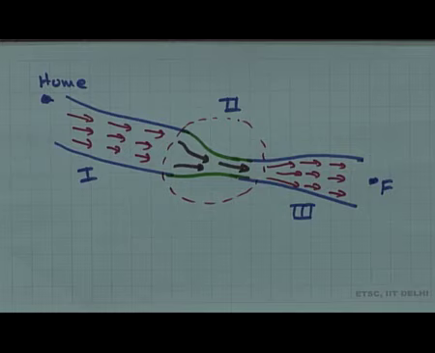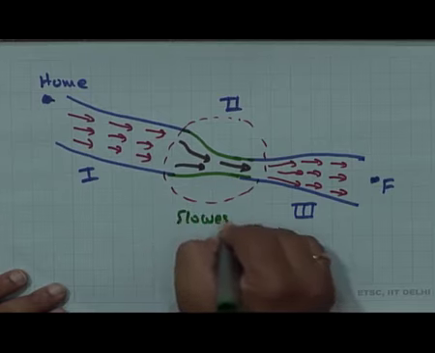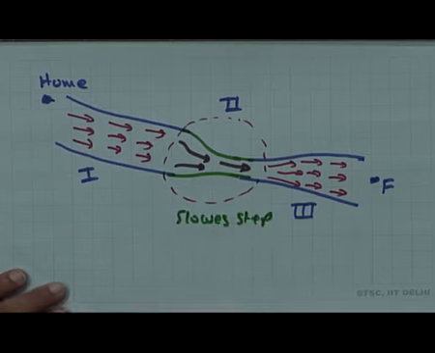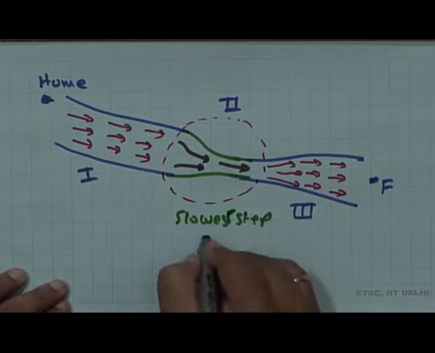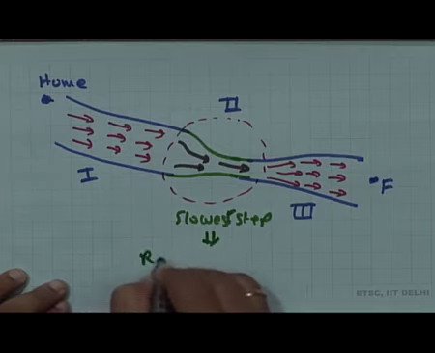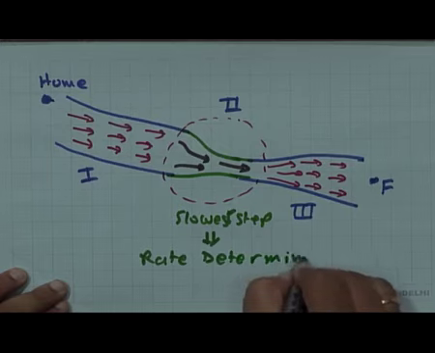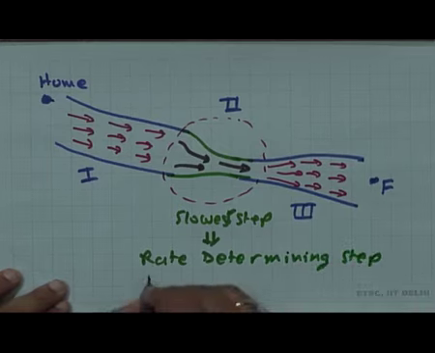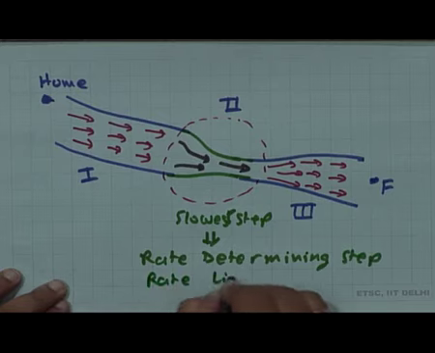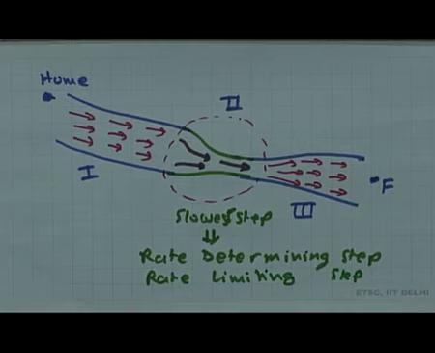So we say that if this is the slowest step, then this is also referred to as the rate determining step or rate limiting step.